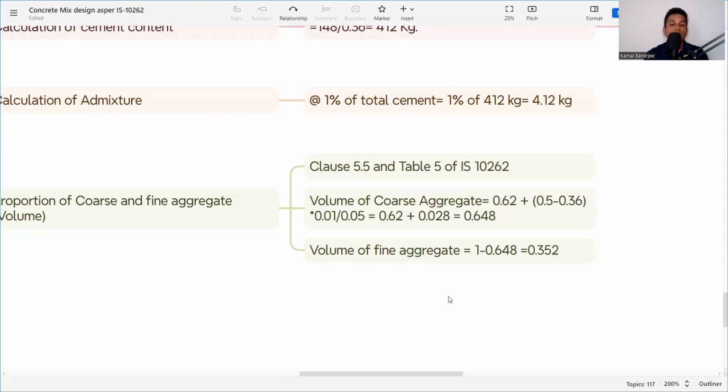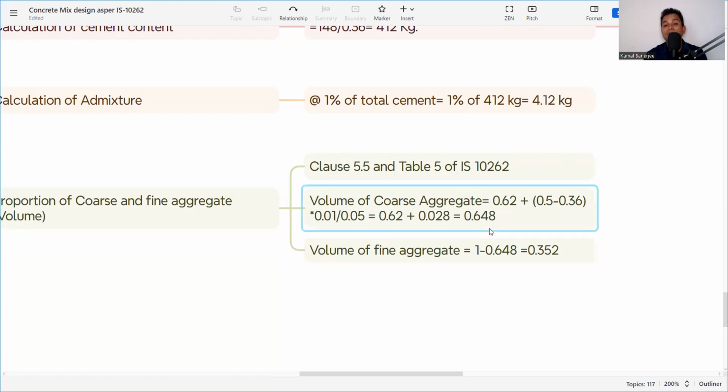Please, this proportion is very much important. That from Table 5, we are getting 0.62. That is for 0.5 water cement ratio, and after that we have to adjust it or make a correction for the difference of water cement ratio, an increase of 0.01 for every decrease of 0.05 in water cement ratio.